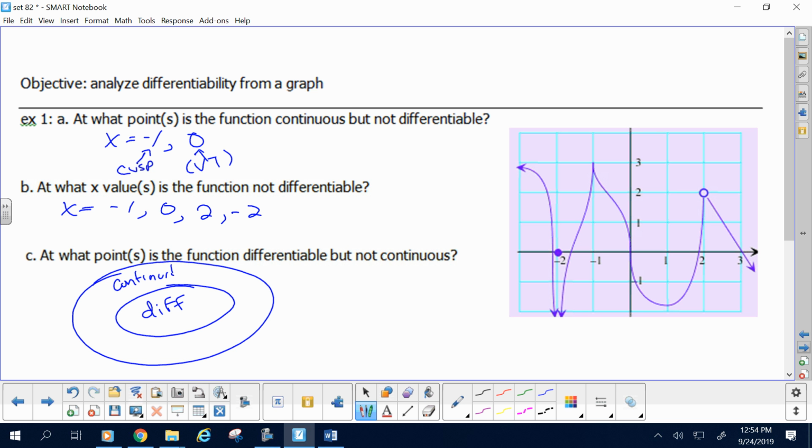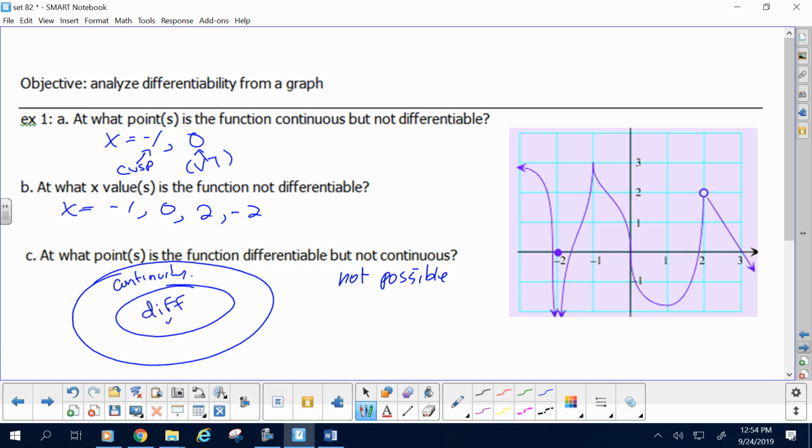Given that Venn diagram, is it possible for something to be differentiable but not continuous? Surely not. So this is not possible. True or false? Differentiability implies continuity. True. True or false? Continuity always implies differentiability. False.